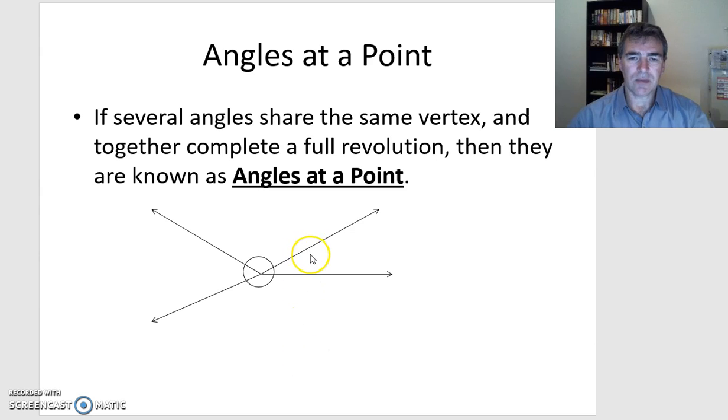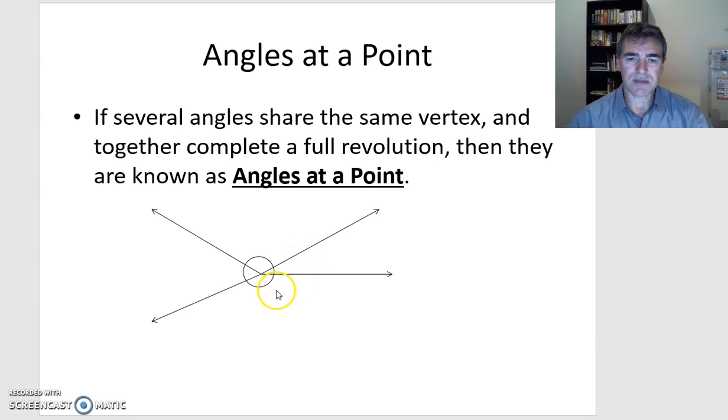So here we go. We've got 1, 2, 3, 4 angles in this example. If I was to start here and I turned clockwise, then you'll notice that these 4 angles would come back to where we started from, make an angle of revolution, 360 degrees.